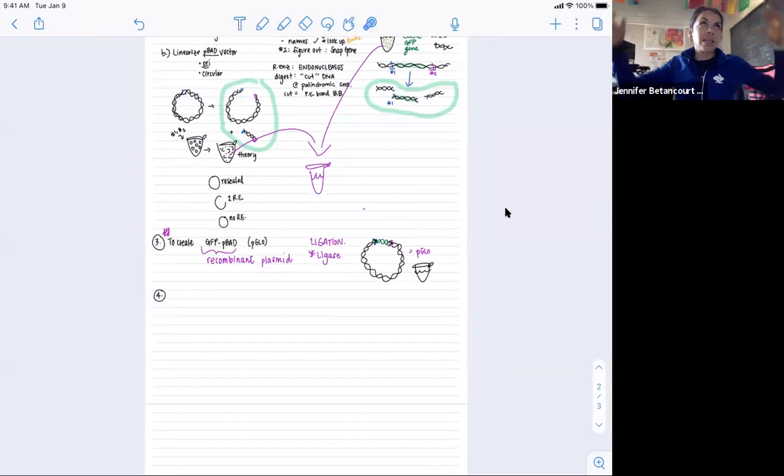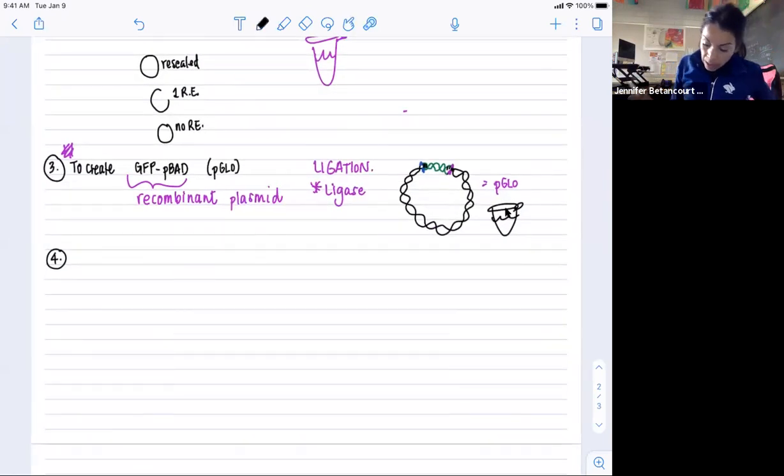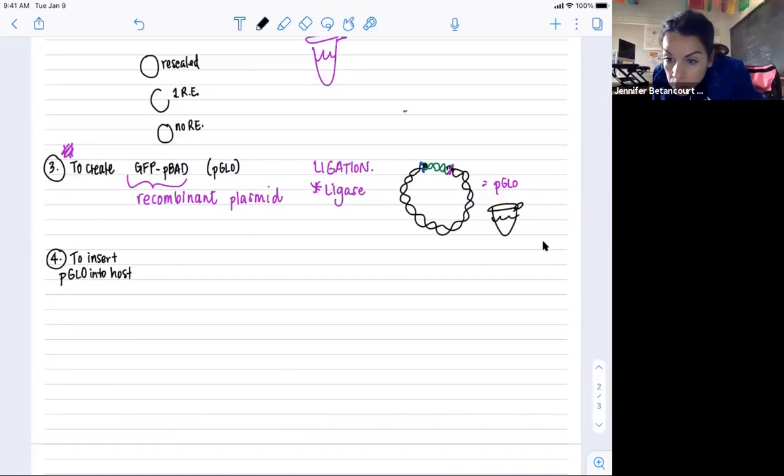That's the same idea, taking things that happen in nature, using it for science for our benefit. So yes, what we want to do is insert the ligation product, or hopefully the P-glow, that's the real goal, into the host organism. And in this case, if you didn't tell me what the host organism was, please tell me now.